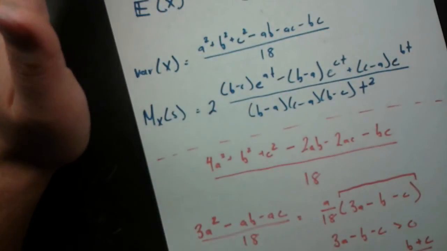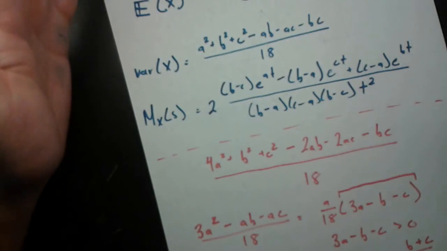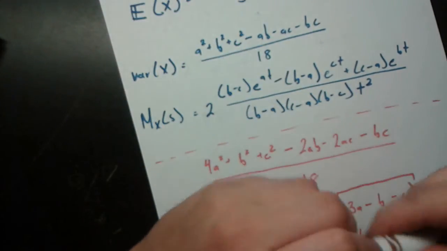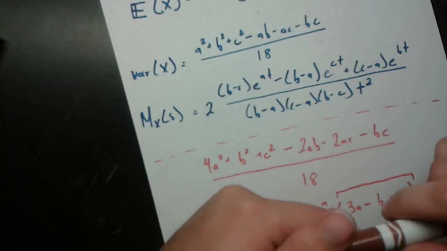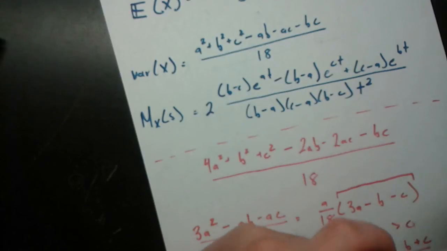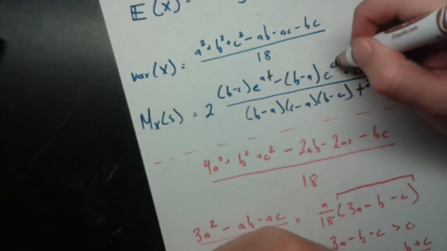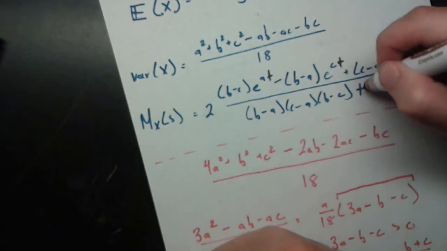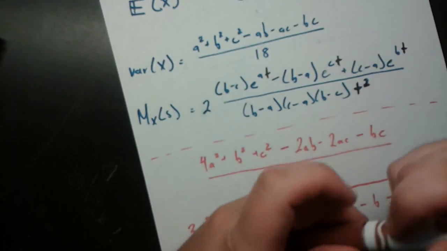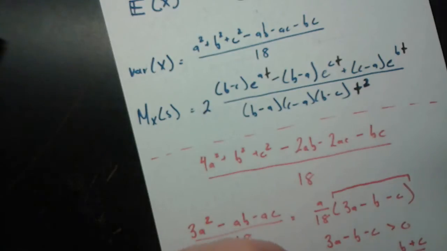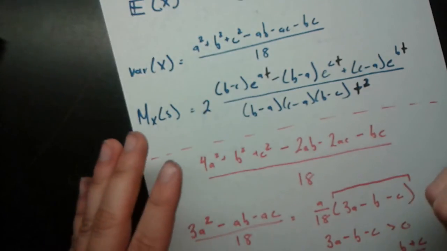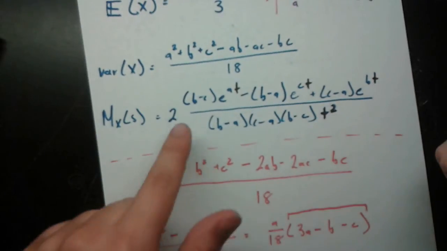And the MGF, again, is pretty nasty, but the way you calculated it is pretty clear. You just do the expected value of e to the sx. Actually, here I've used t instead of s. So normally what we call s is being played by the role of t. No change, just a different variable. It's pretty complicated, and a little caveat I should add: if we put in t equals 0 here, we're going to get a bit of an issue because the denominator becomes 0.